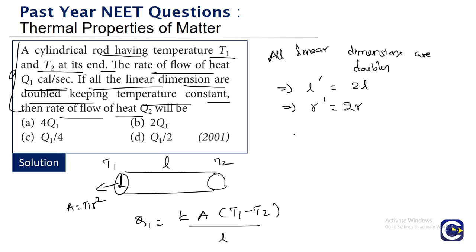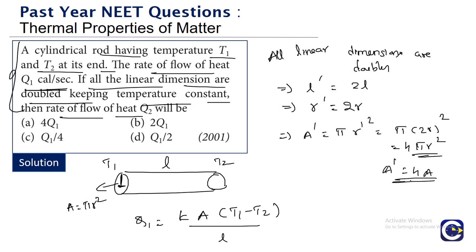Now if R dash is 2R, means final area A dash is what? Pi into R dash square, right? Which is what? Pi into 2R the square, which is what? 4 times pi R square, which is 4A. So the new area of cross section is what? 4 times A.